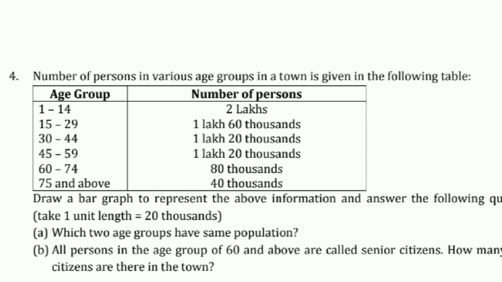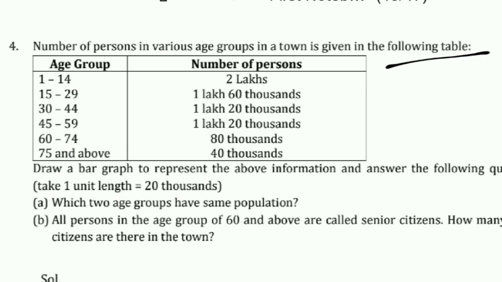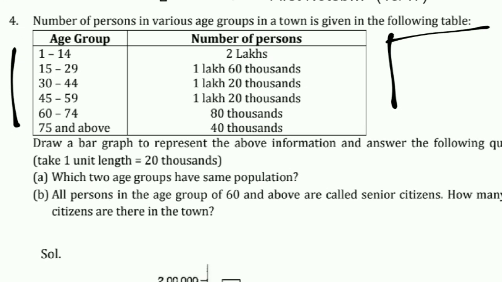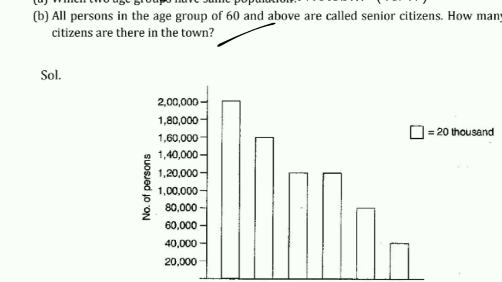Question number 4. The number of persons in various age groups in a town is given in the following table. Age group and number of persons. Scale is mentioned here, 1 unit length equals 20,000. And there are 2 more questions we have to answer.